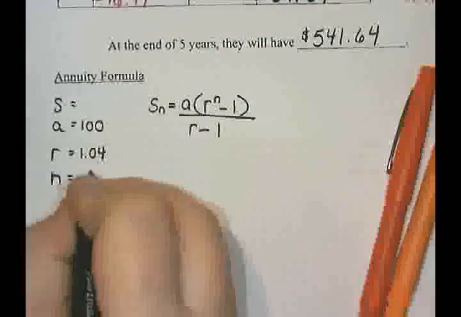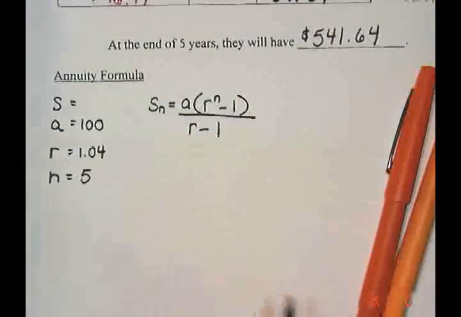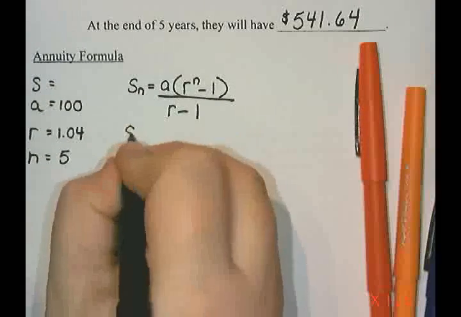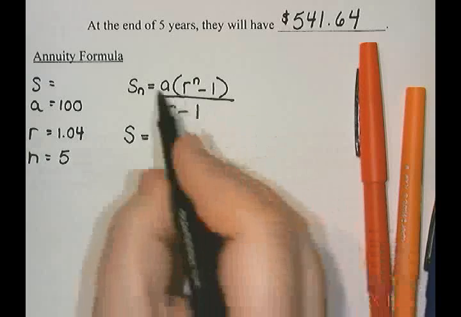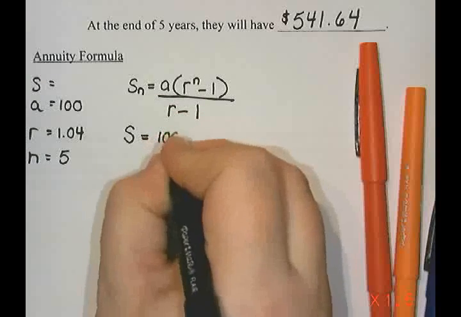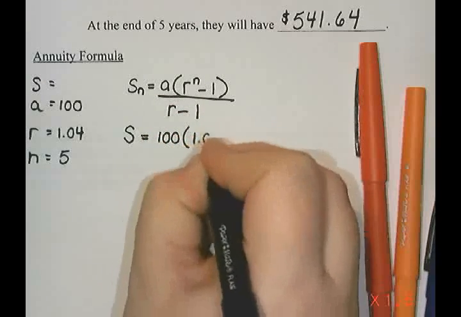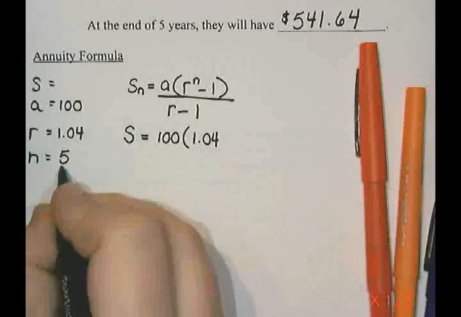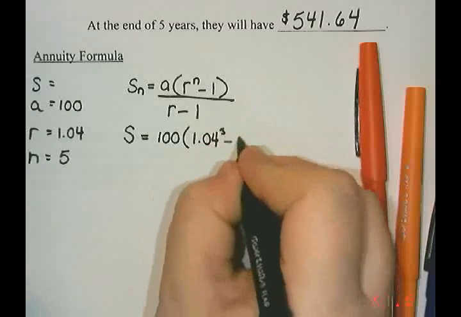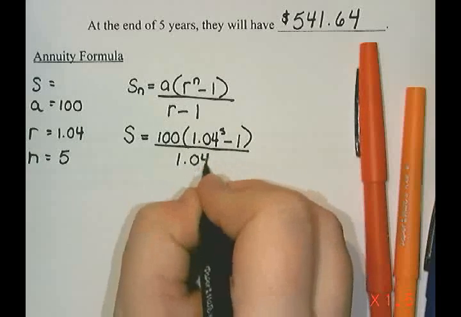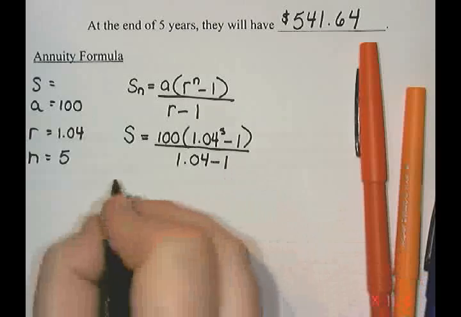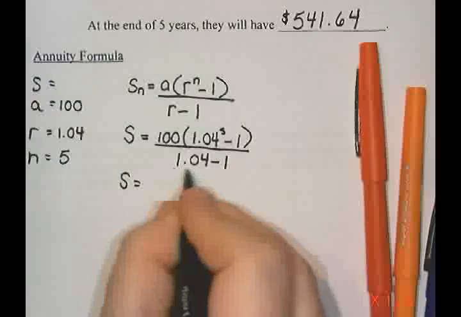So that's 5. And then I'm just going to substitute the values in. So S, I could say it's S5, or I'm just going to write S. A is 100. R is 1.04 to the power of n, which is 5. Take away 1 over 1.04. Take away 1.